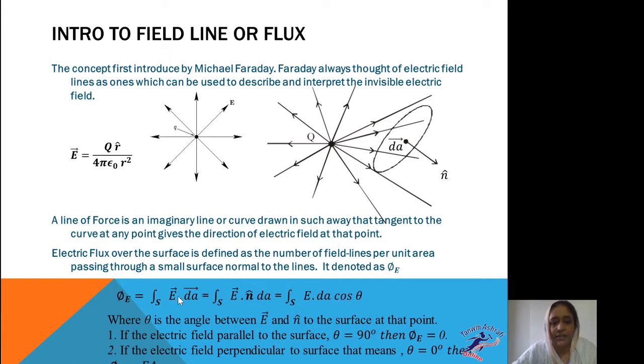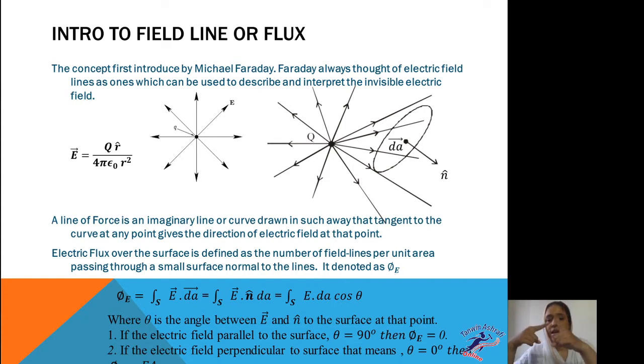Now, flux is the electric field, that is, field lines passing through the area dA, integrated over the surface: E dot dA. Now, dA is nothing but n cap dA. If E and n cap are in the same direction, that is, the area and the electric field direction are parallel to each other, then the flux is EA cos theta, with theta equal to 0, so we get flux equal to EA.